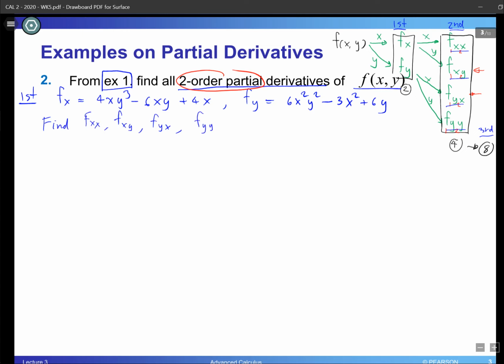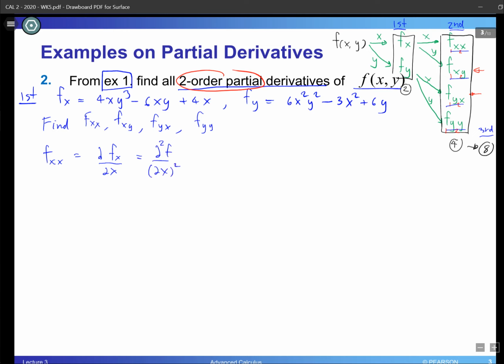So let's start with the first one. So here the first one is partial diff with respect to x and then x again. You can express this as you have this fx right here and you perform the differentiation with respect to x. And you can express this as the second order derivative of f with respect to x twice.